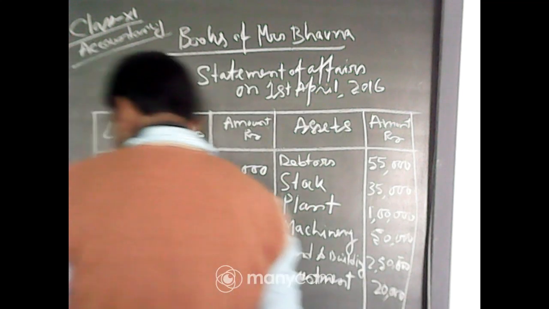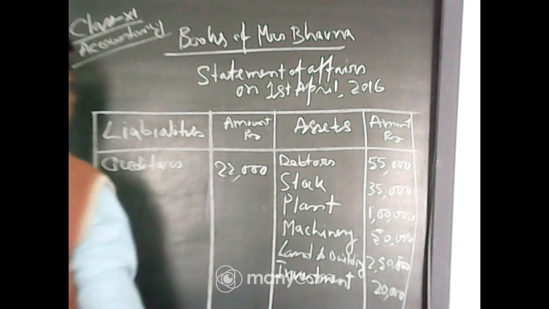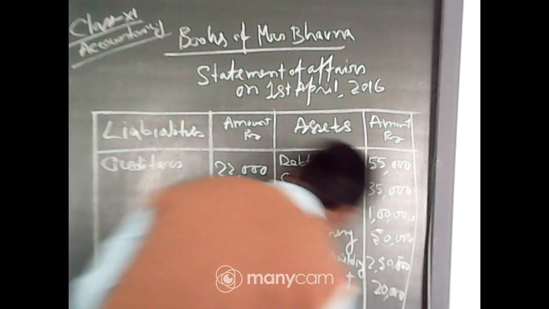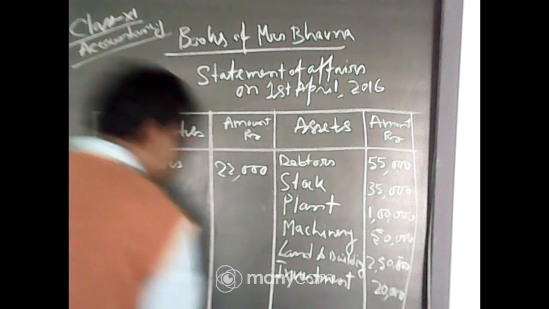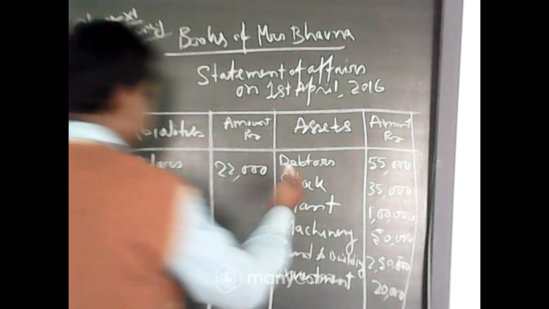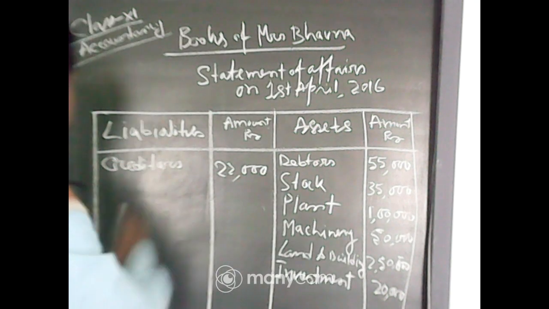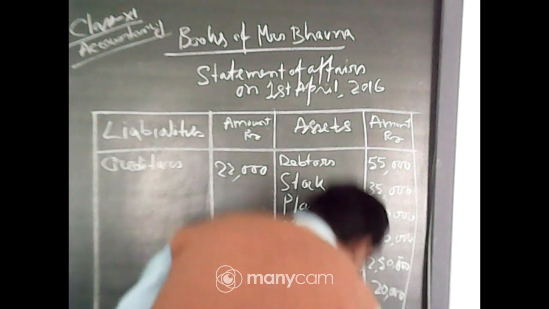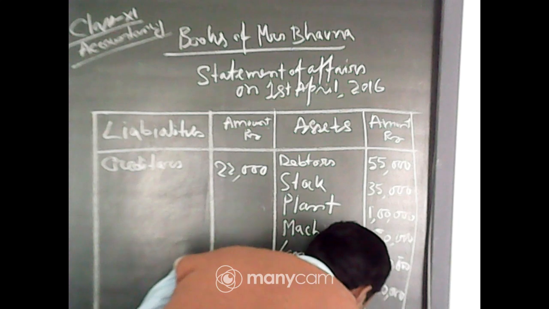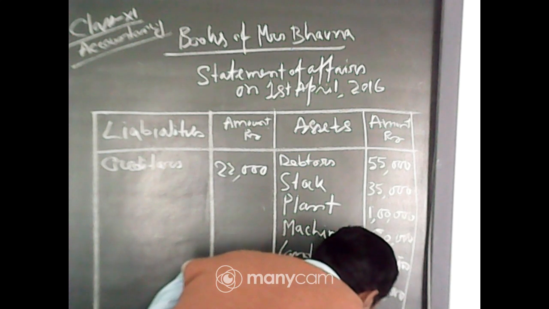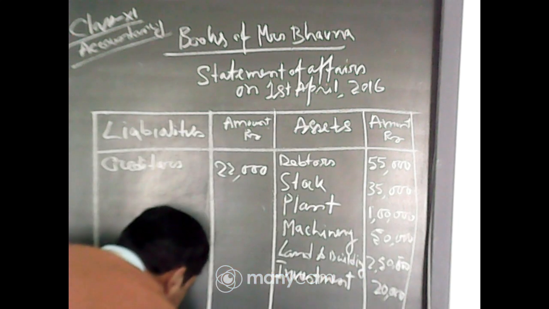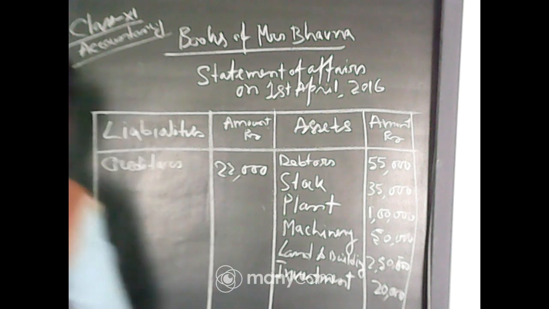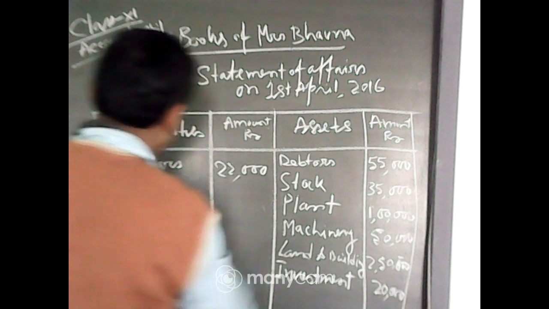Now there is nothing else in liabilities and assets, so just sum up the asset side, because we can easily identify that the asset side is more than the liability side. So total of assets is 5,22,000. Here also 5,22,000. And what is the rest of the figure on the liability side?